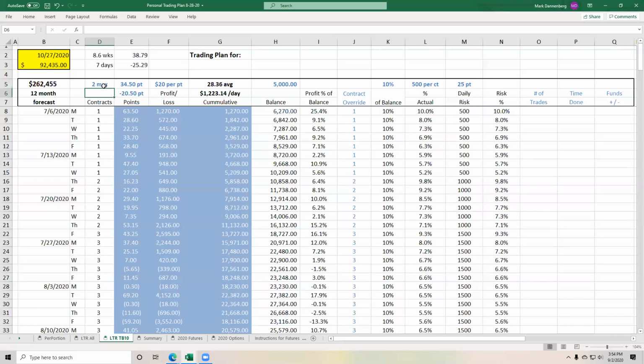Or you might decide that you don't want to add the extra risk, and you might put in 2 contracts, and it's going to be somewhere around $260,000 over the course of 12 months. We're going to leave our set at 3. I think it's a very reasonable, comfortable number. And to go from 5,000 with a maximum of 3 contracts and potentially earn just under $365,000 is a pretty solid number.